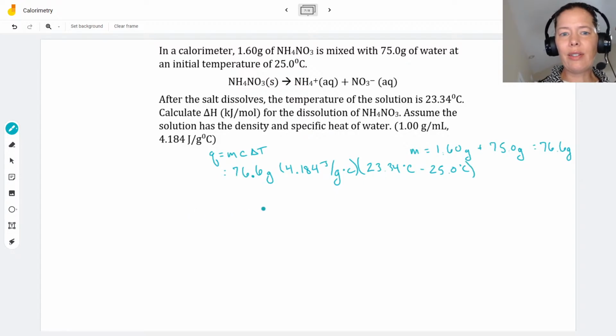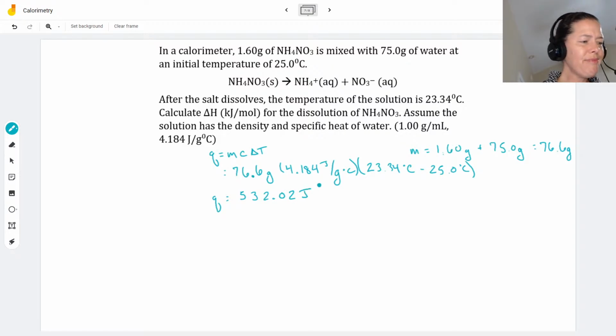Okay, I can calculate my Q. All right, so my Q for this reaction is 532.02 joules.